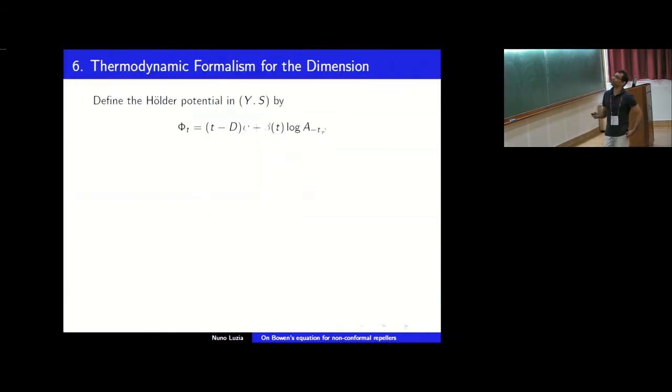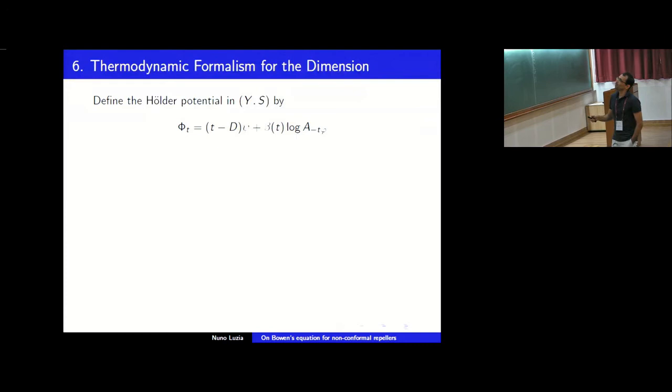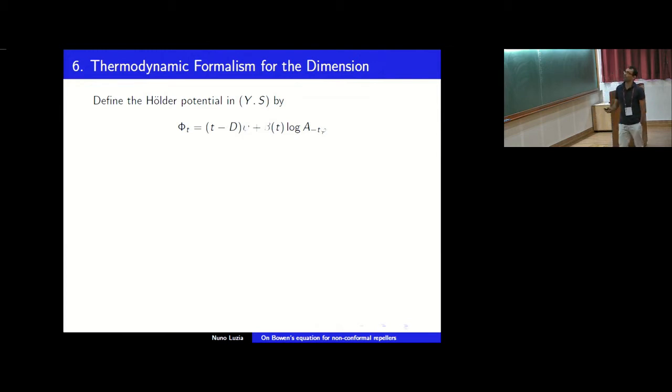If we define this Hölder potential here, it looks strange, but it's not so strange. This first term here is the usual one in the conformal case, okay? Then we add this new term, okay, which depends on the gauge function, okay? So remember that now we are in the vertical space. This is a Hölder potential because this gauge function is Hölder, okay?